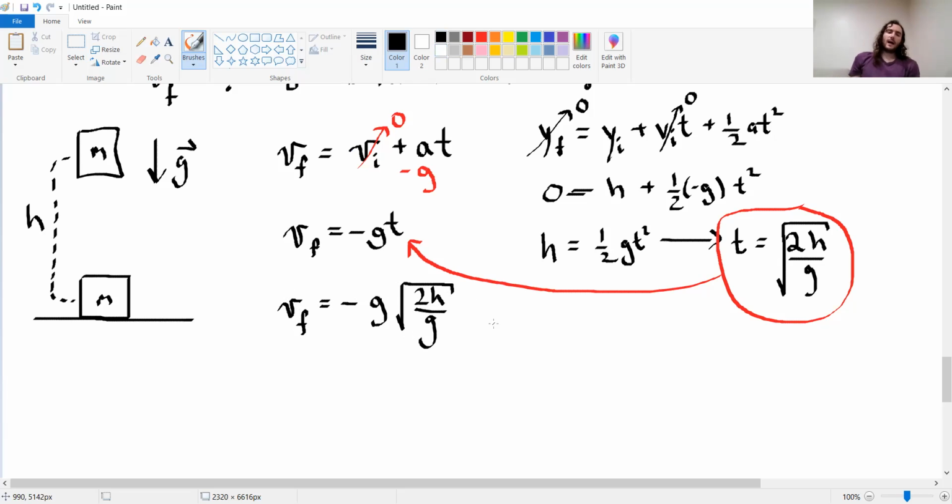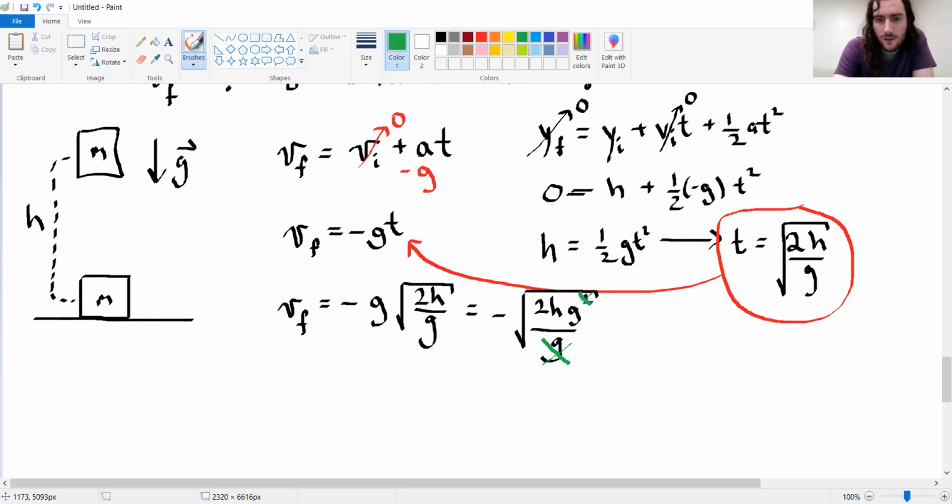Whenever you have something outside of a square root, you can bring it inside as long as you square it. So really we have minus the square root of 2h g squared divided by g, and we can cancel those g's.